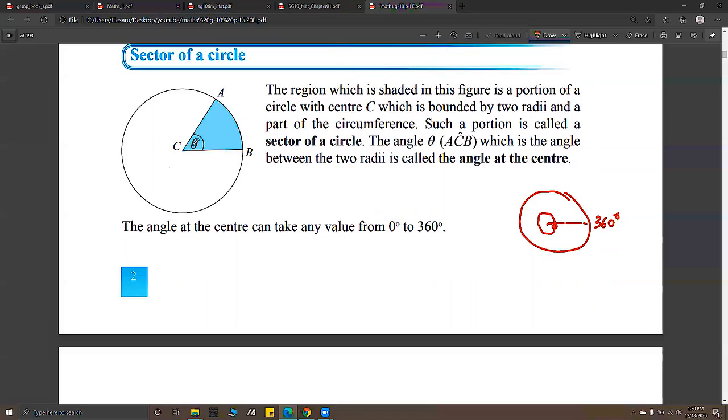It is theta over 360. 360 means the total angle around this center. Theta is the angle of the sector which we want to get. So for this case, this is a theta over 360 sector.